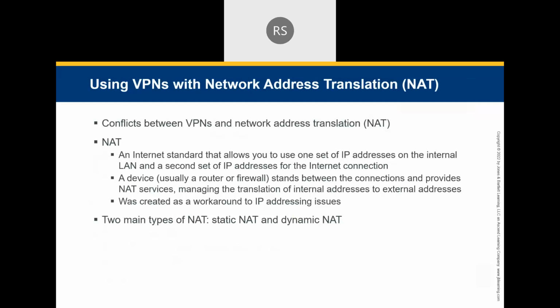It allows devices on the internal network to communicate with devices on the internet using the same external IP address. Now, that was developed as a workaround to address the limited availability of those IPv4 addresses. So there are two main types of NAT. You have your static NAT and dynamic NAT.